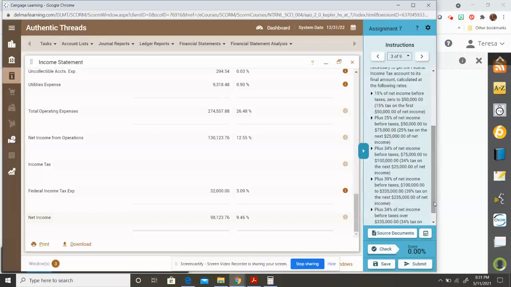On our first $50,000, we are going to be taxed at a 15% rate. So in your calculator right now, I want you to put in 50,000 times 15%, and then take the answer and write it down on a piece of paper.